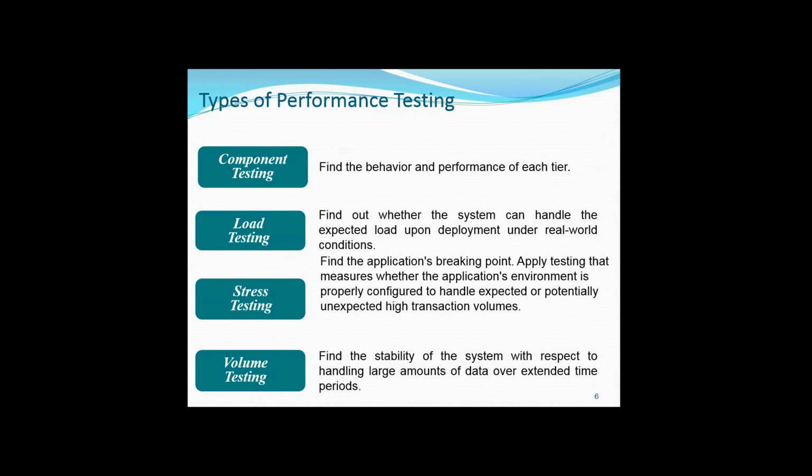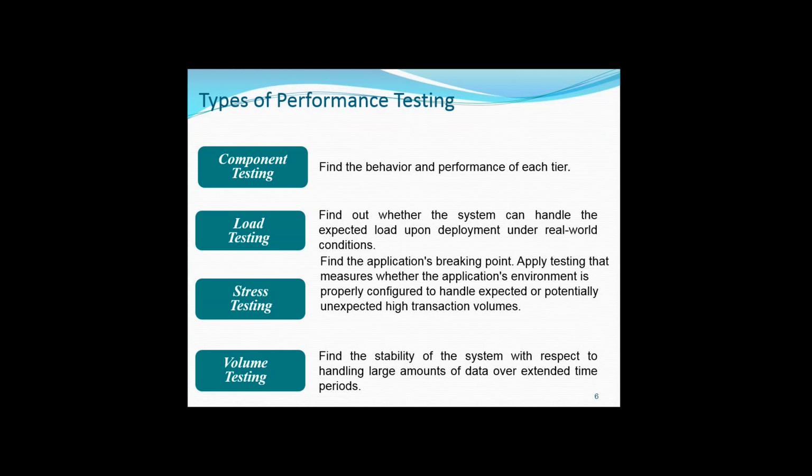component testing. When we talk about component testing, this is something like finding the behavior and performance of each type. As I said, you might have heard about three-tier architecture, right? Three-tier architecture is nothing but one presentation layer, one business layer, and one DB layer. Something like one web tier, one app tier, and one database tier.